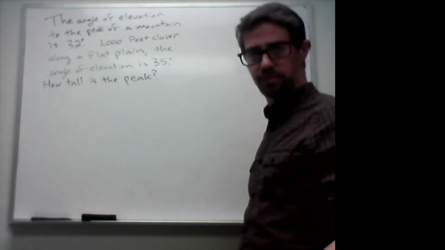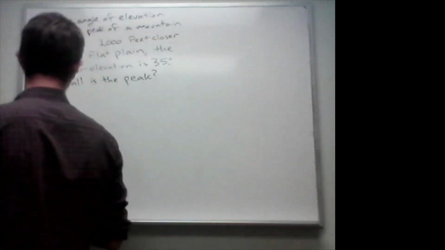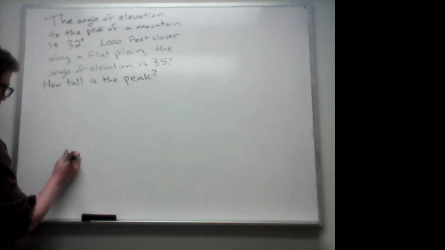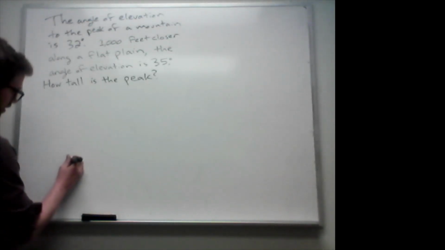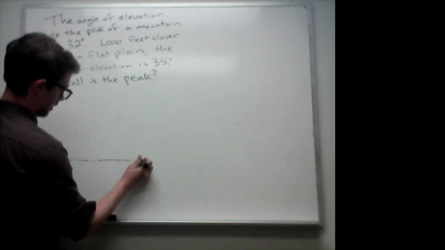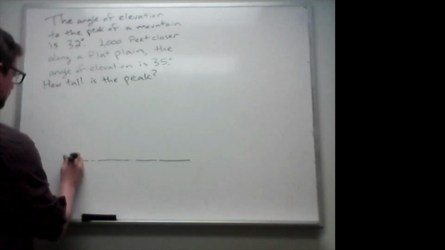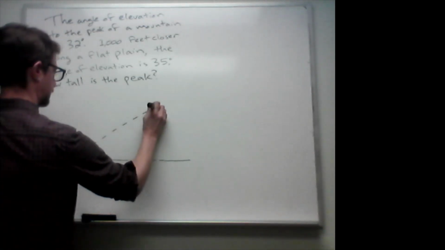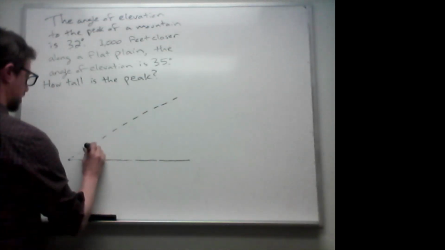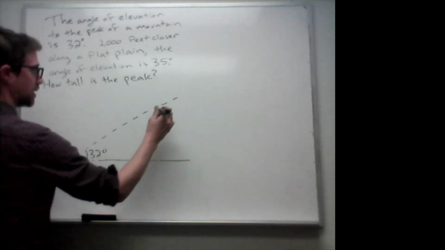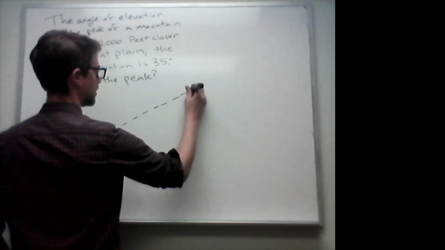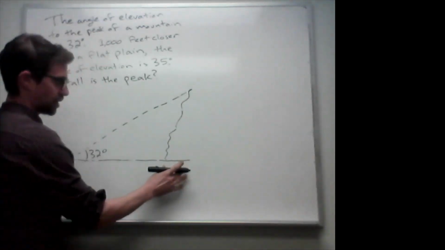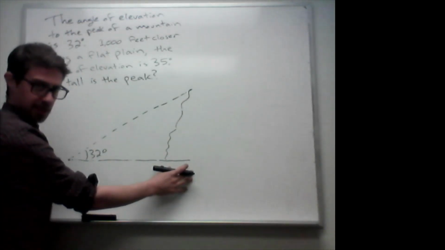Okay, so we draw a picture. Here's us at our first initial point of measurement. Here's our flat plane. And we said, okay, from our first measurement to the peak looked like 32 degrees. So let's say this is the peak of a mountain. Now, we can't just walk up to the base of this thing. It's not a sheer cliff.